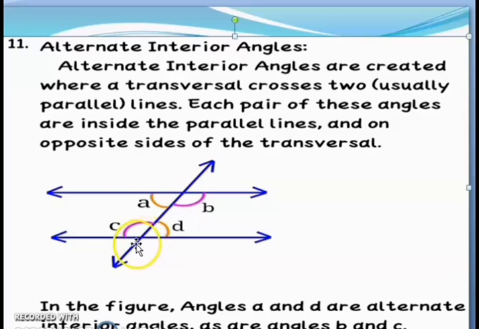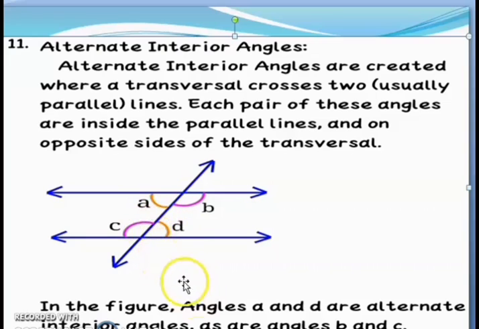This transversal intersects these two parallel lines and four angles have been created: angle A, angle B, angle C and angle D. All these angles have been created inside these parallel lines and are on opposite sides of the transversal.